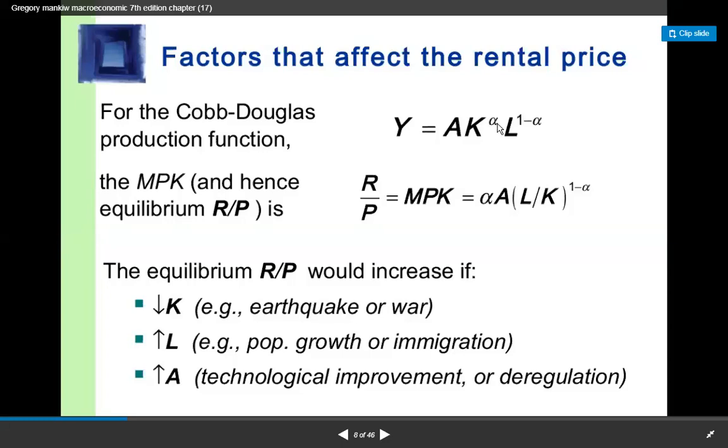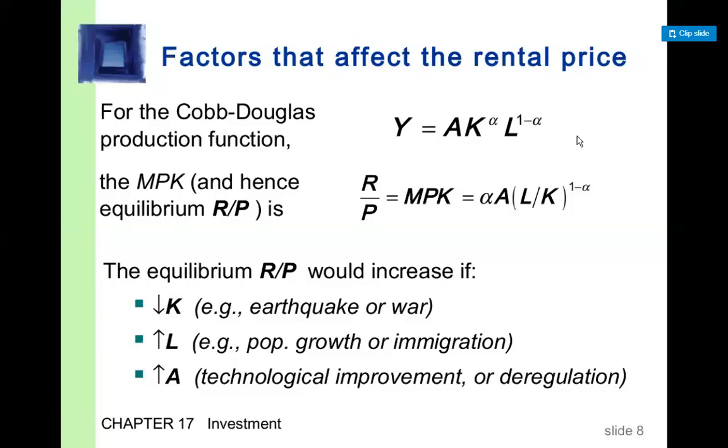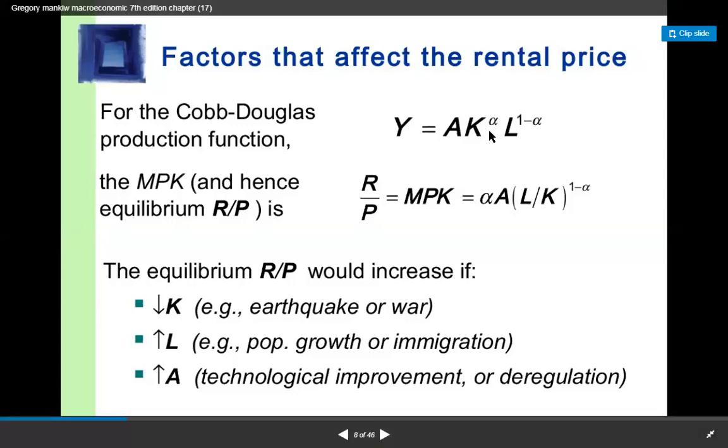If alpha is 0.6, then 1 minus alpha is 0.4. Here alpha plus 1 minus alpha equals 1. So if alpha is 0.6, then 1 minus alpha is 0.4.